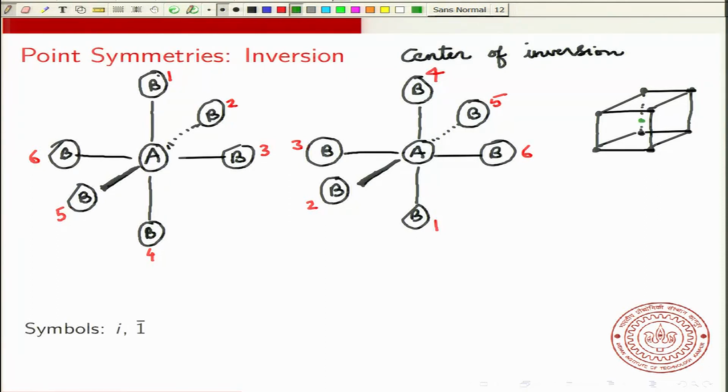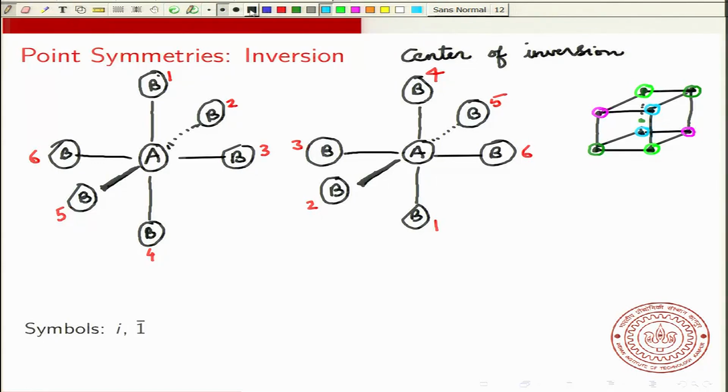So, the center of the cube is an inversion center. Okay. So, if I invert about the center, then this point will go to this point, this point will go to this point, this point will go to this point, and finally, this point will go to this point. Okay. So, the cube will get inverted about its center.